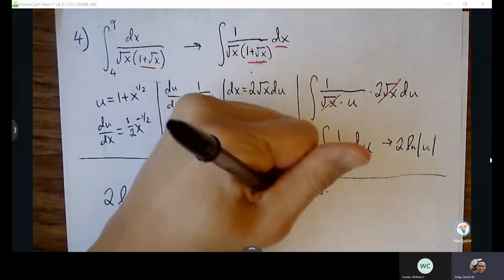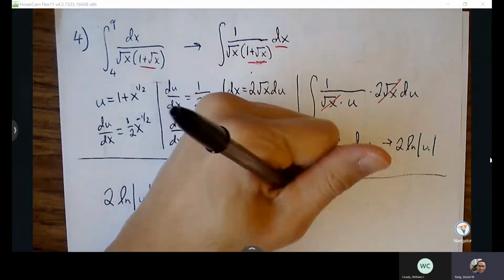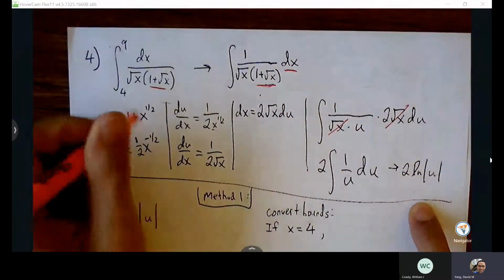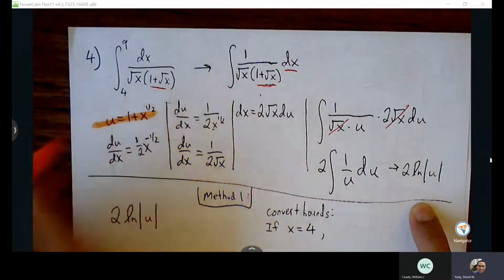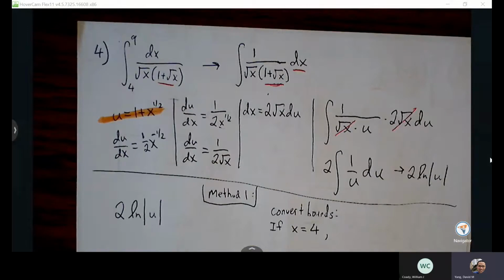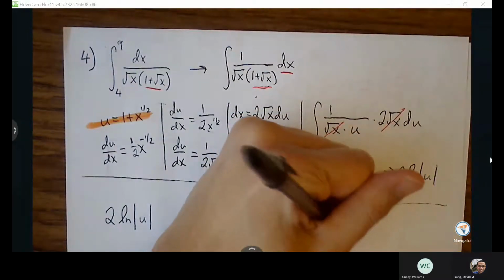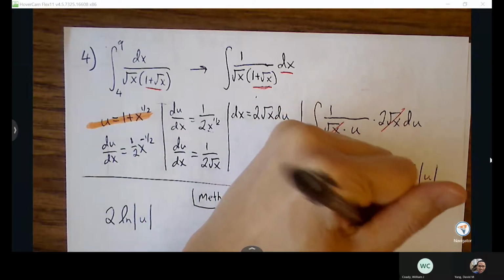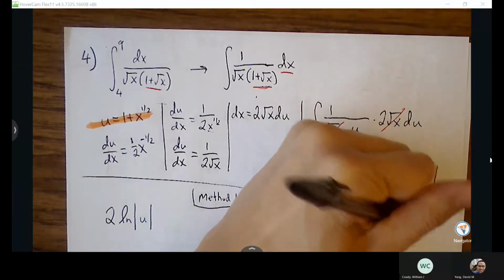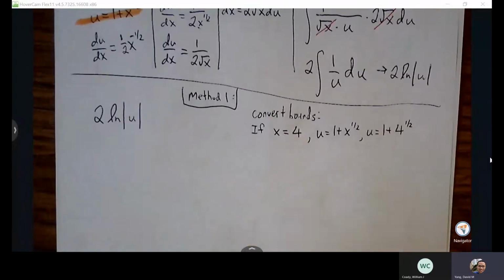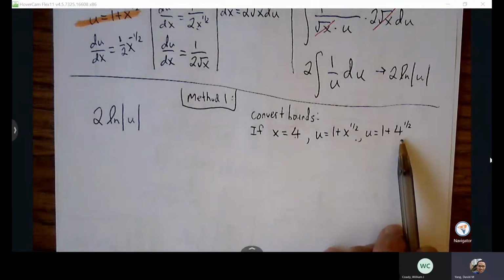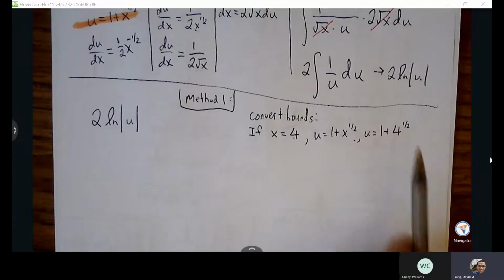If my lower bound of x is 4, then my conversion is going through this little equation here: 1 plus square root of x. If I plug 4 in, I get 1 plus square root of 4. That's 1 plus 2, which is 3.